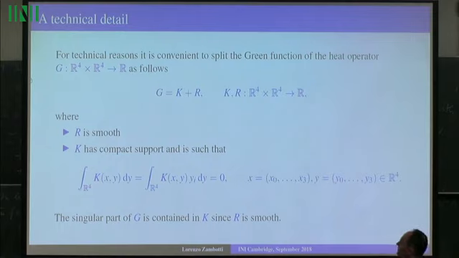So first, there is a technical detail which is somewhat unfortunate, but apparently it is impossible to get rid of this. So in fact, when you work with the green kernel, you have to split it into two parts, K and R. So R is smooth and K is with compact support, so it contains the singularity at the origin.